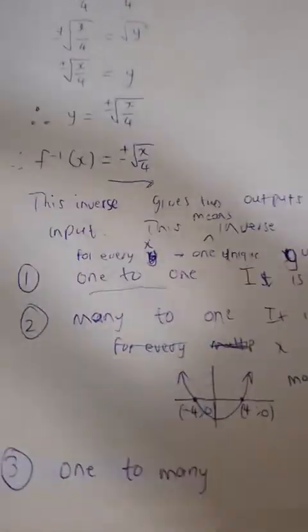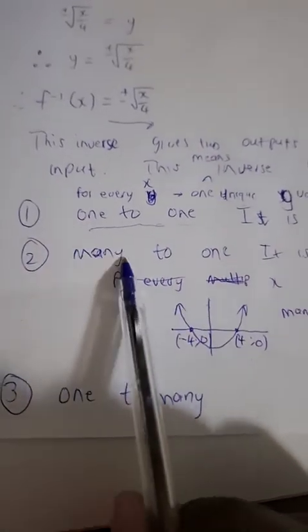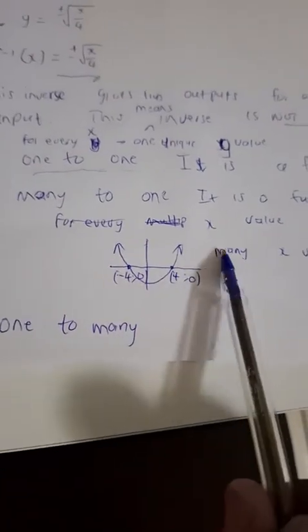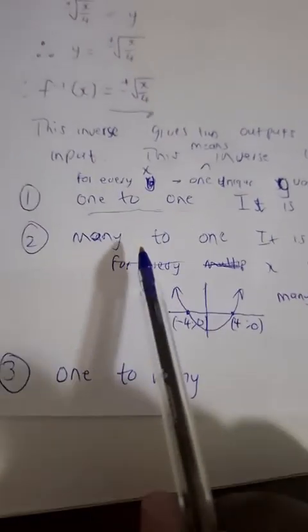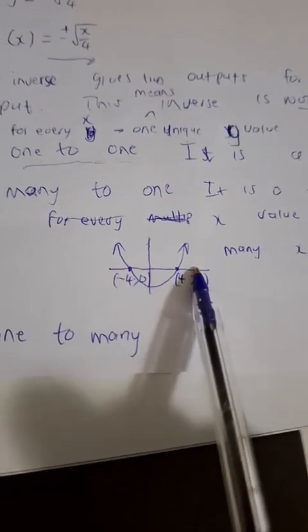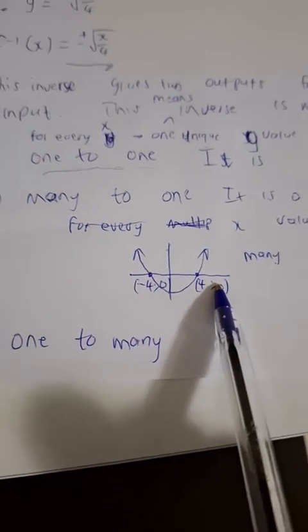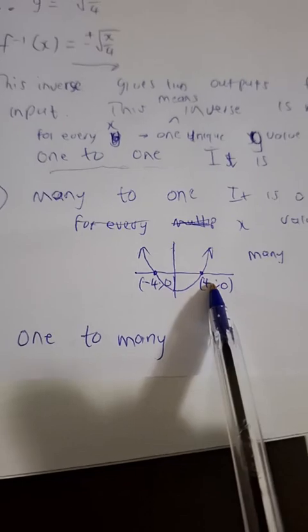We regard 1-to-1 as a function. Or 2, it can be a many-to-1. A many-to-1 is like this parabola, like I said, for many x values that you have, you will find that there is this one unique y value that these many x values will share.